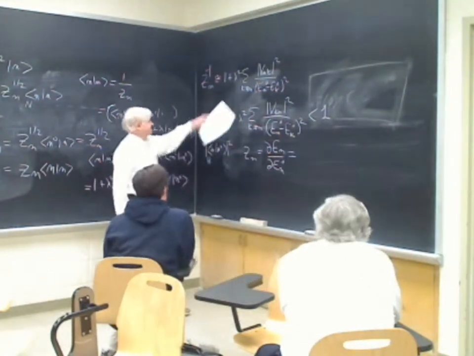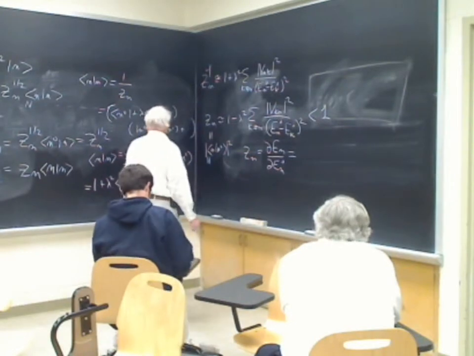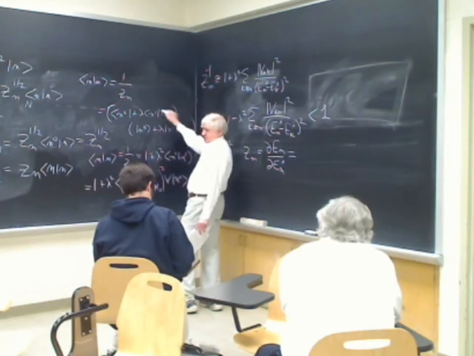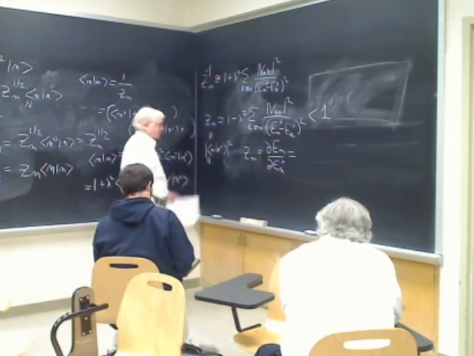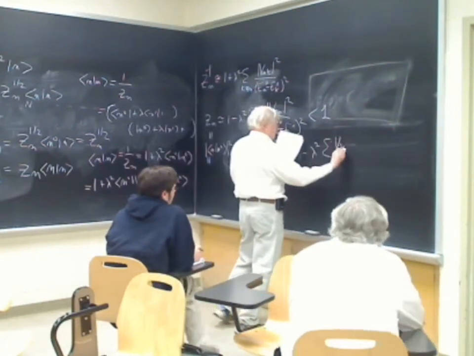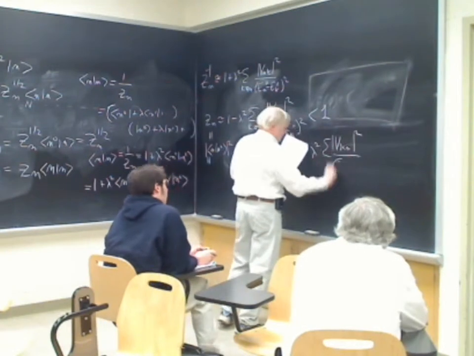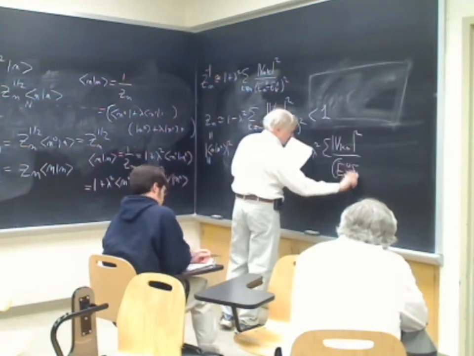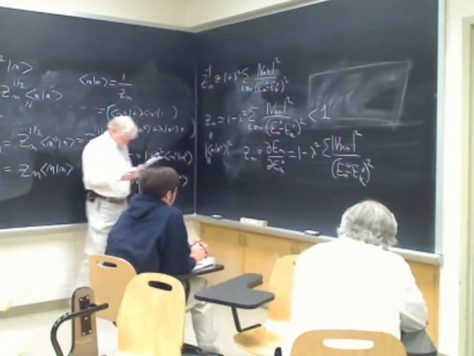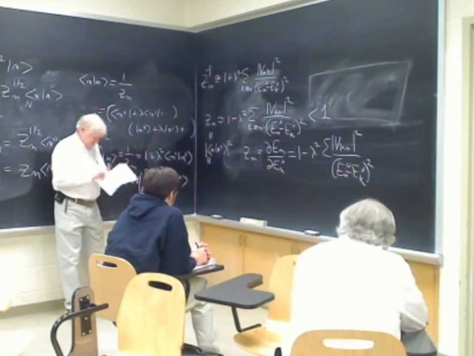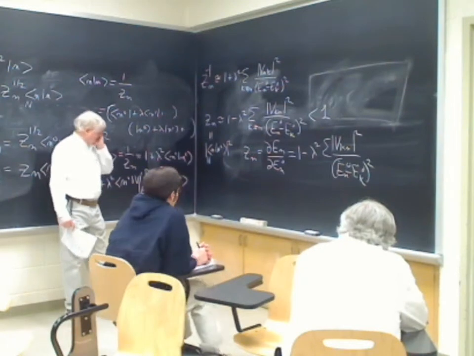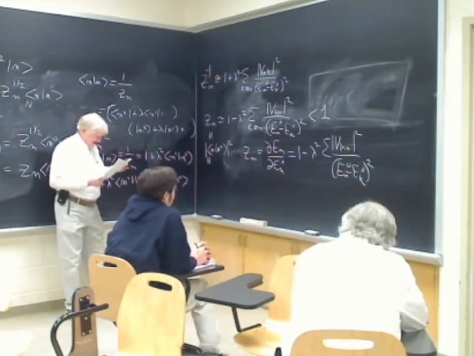But we only computed this to second order here. In other words, all this computation was from just taking the lowest order terms in this huge inner product. But this is in fact 1 minus lambda squared sum Vkn absolute value squared over En0 minus k0 squared. All right, so that's the end of the story for the non-degenerate case.